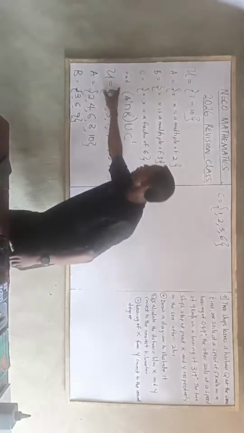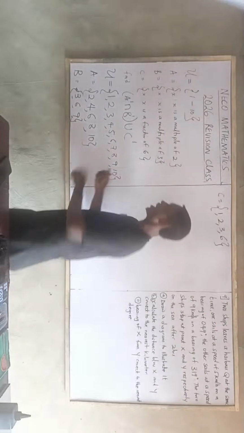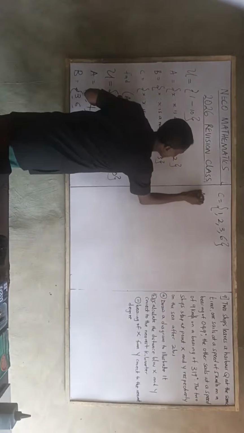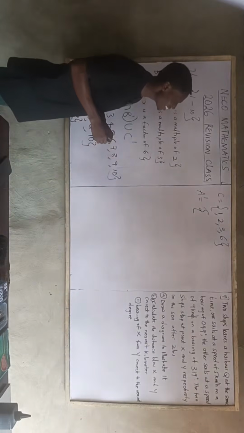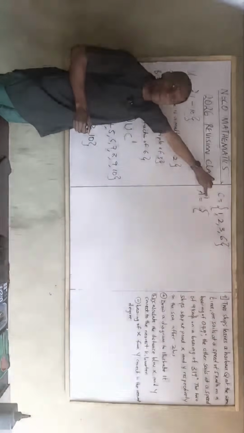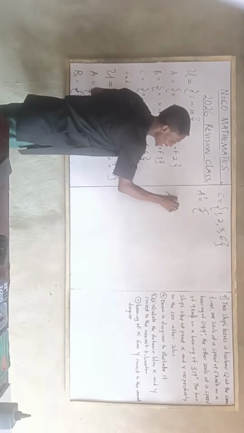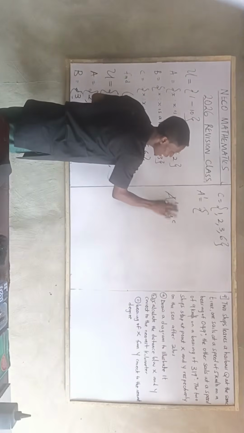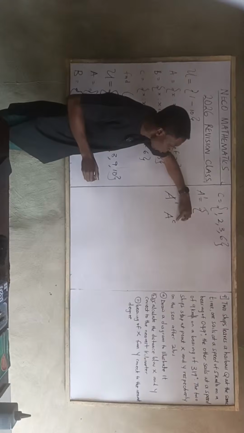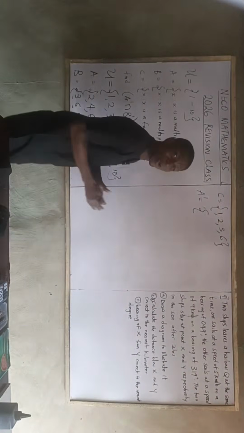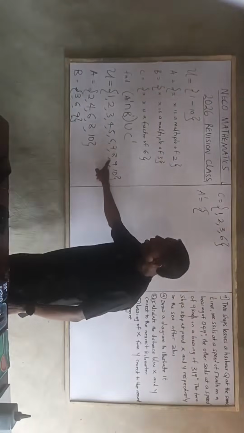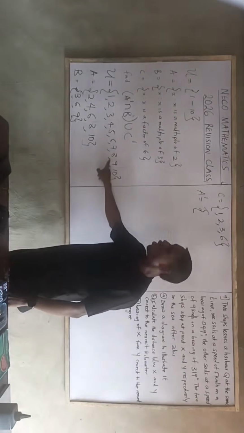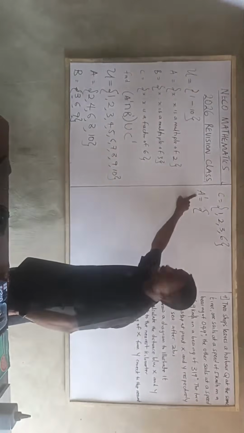Then I can proceed to evaluate what we've been asked to do. Let's begin with A complement. The signature means complement. It can either be this, or it can also be A prime or A superscript C. Either of the two connotes complement, and complement means elements that you can find in the universal set but cannot find in that specific given set.